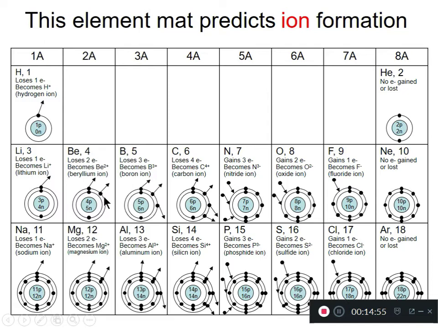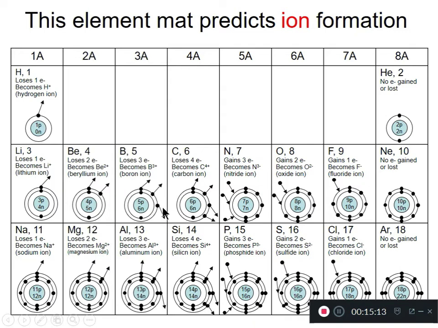If I lose these 2, note that I've emptied out this second orbit, which means that the highest number, now the valence orbit, which is defined as the highest occupied orbit, would be orbit 1, and it has 2 electrons in it.